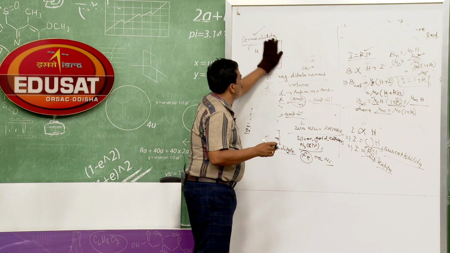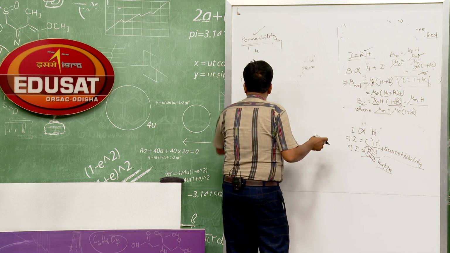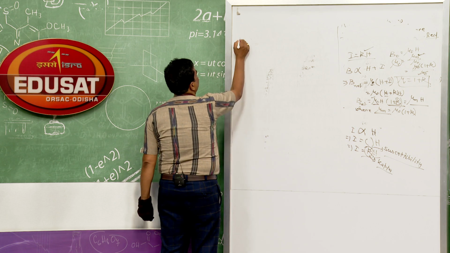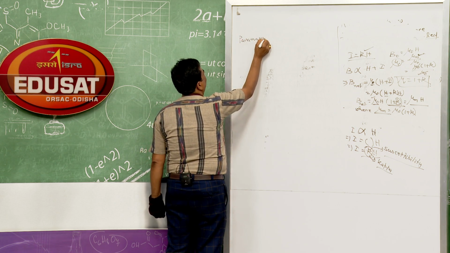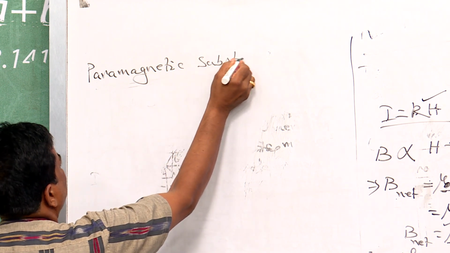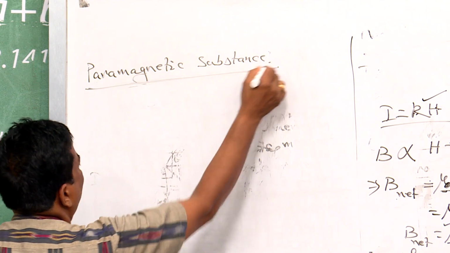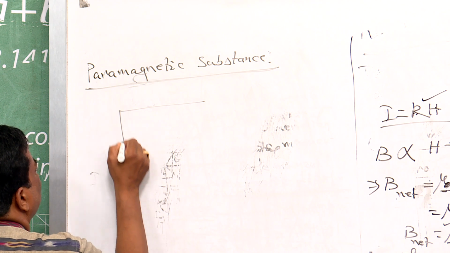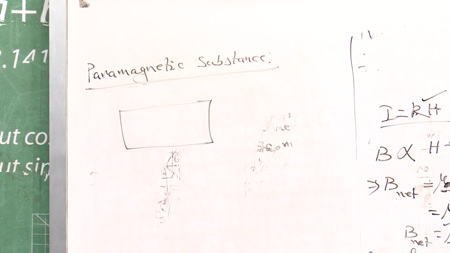Knowing this relation, now we are going to discuss the paramagnetic substance. In the case of a paramagnetic substance, suppose this is a sample of the paramagnetic substance.